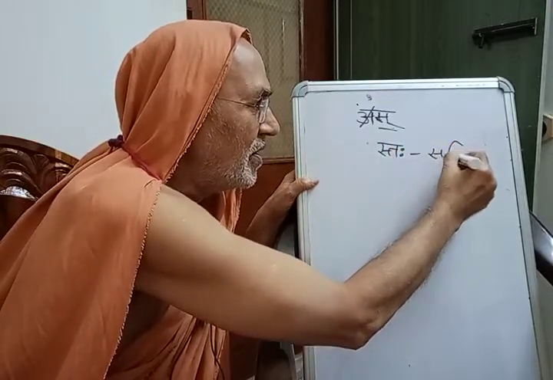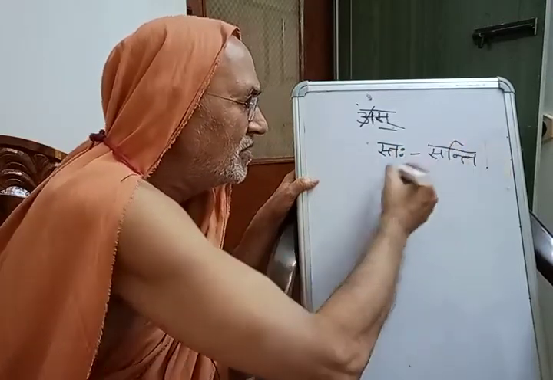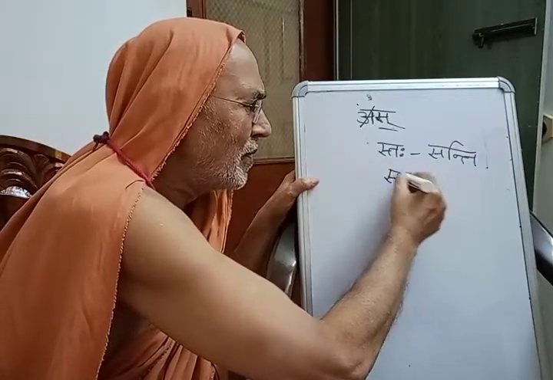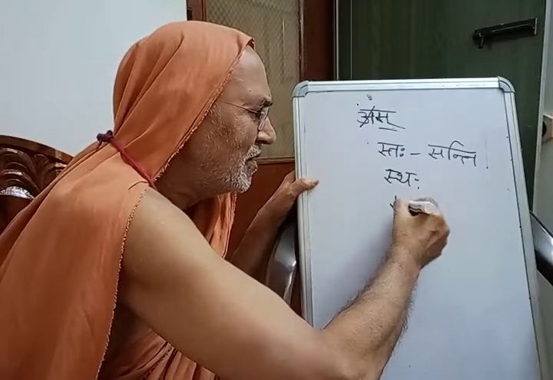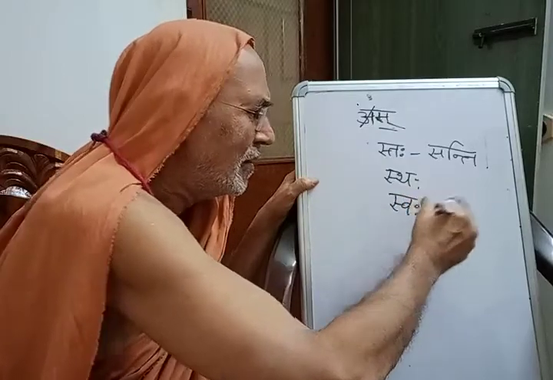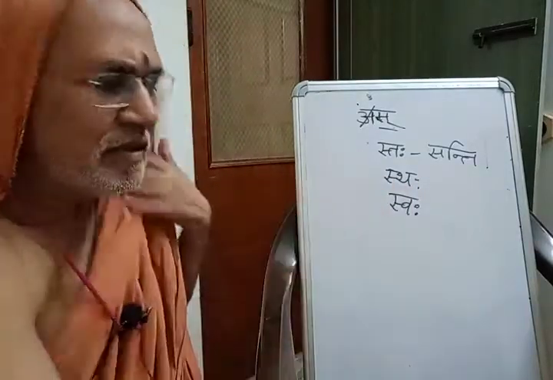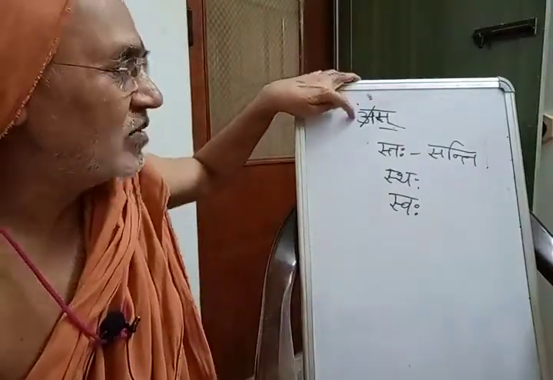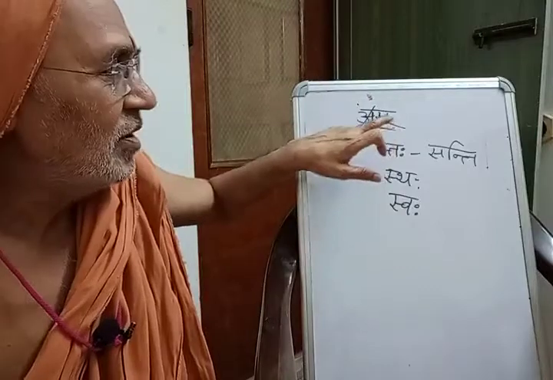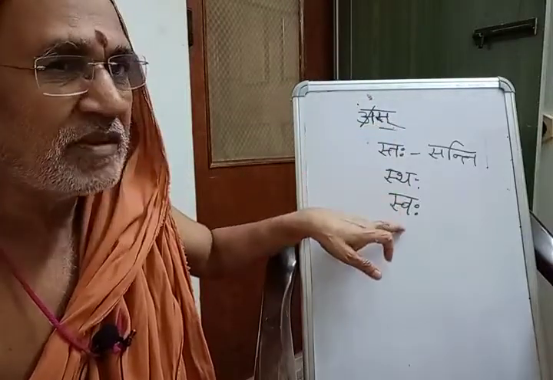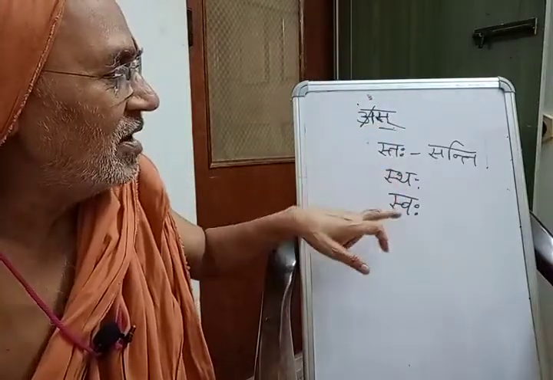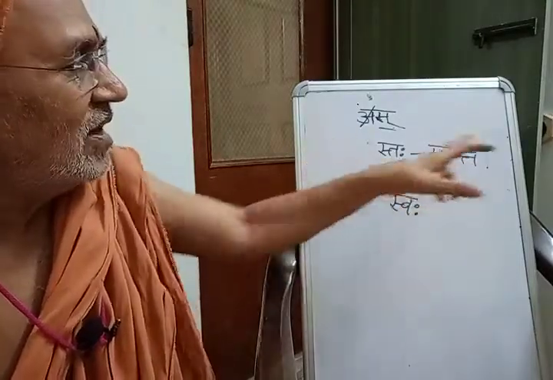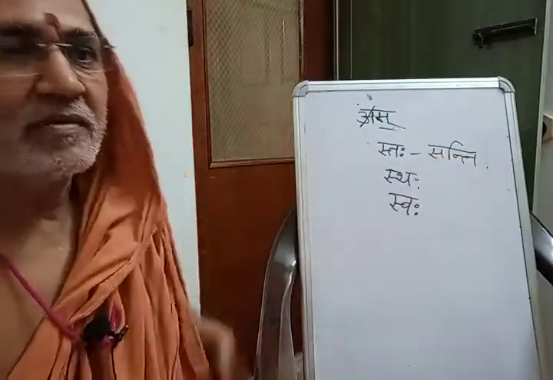This Santi we have already given. Similarly, Sthaha and Swaha. This is because the A of the As dhatu gets dropped, only Sa remains. To the Sa we add the Purusha Pratyayas. So Staha, Sthaha, Swaha. Santi, Stha, Smaha. Asti, Staha, Santi. Already we have given in the previous tables.